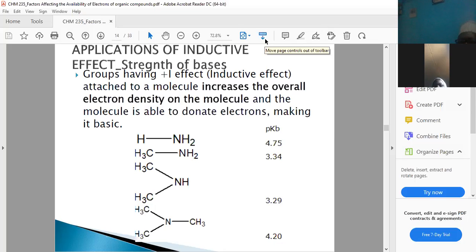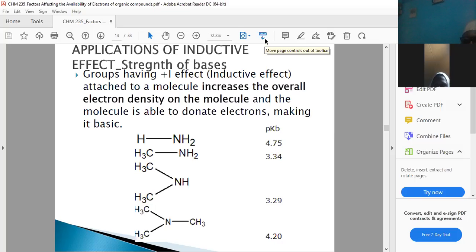What I expect you to ask is that dimethylamine has 2 methyl groups, while trimethylamine has 3 methyl groups, because what is responsible for the strength is the presence of the methyl group. In methylamine, you have only one methyl, and it's stronger than ammonia, which has none.